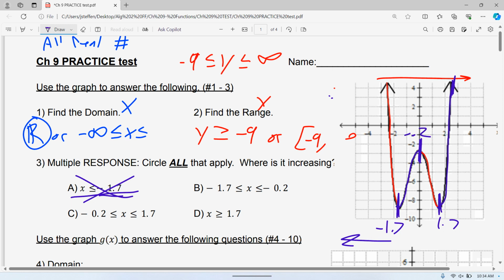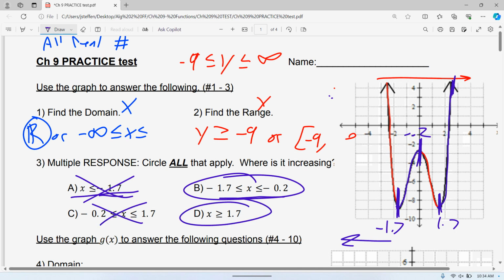I put that in red, so that's not increasing. Between negative 1.7 and negative 0.2, it is increasing. That's the blue part I just talked about. Then the next part is another red part. Then again, it comes back up, everything greater than 1.7. So that's what we were talking about when we talk about increasing or decreasing.